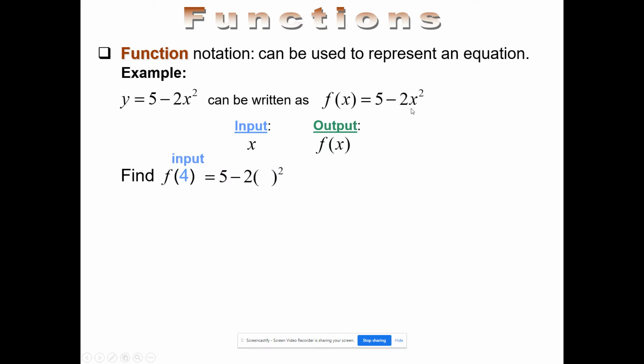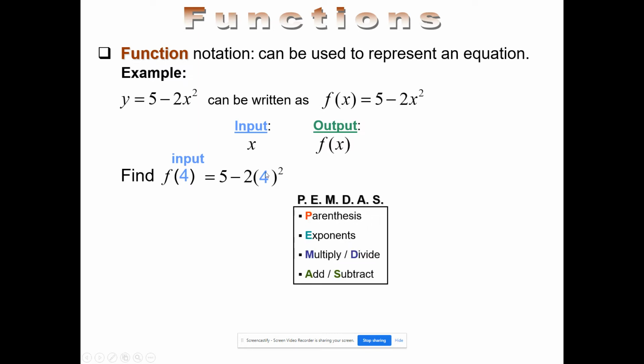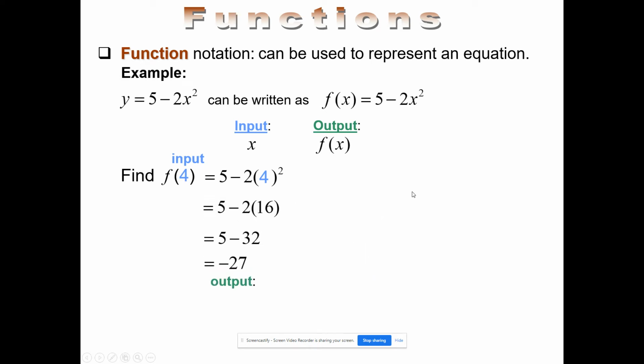Okay, so where there was a variable, which is x, that's where 4 is going to go. Okay, and then using the order of operations, of course, we get 5 minus 32, which is negative 27. Okay, so my output is negative 27. So I know that f of 4 equals negative 27.